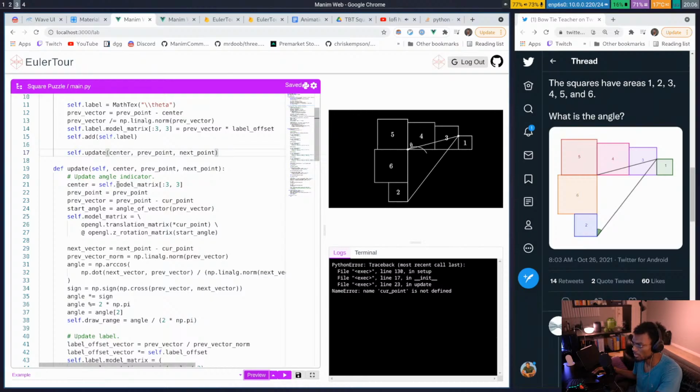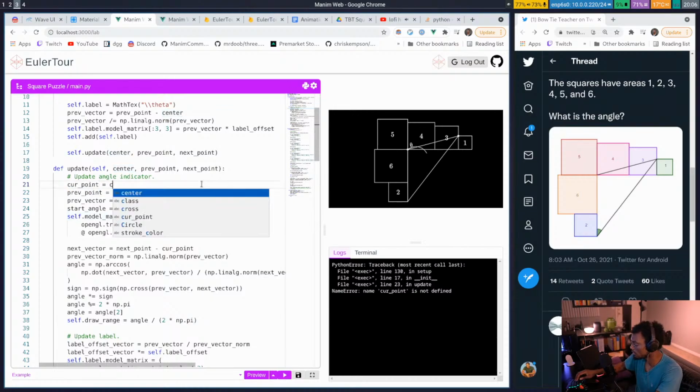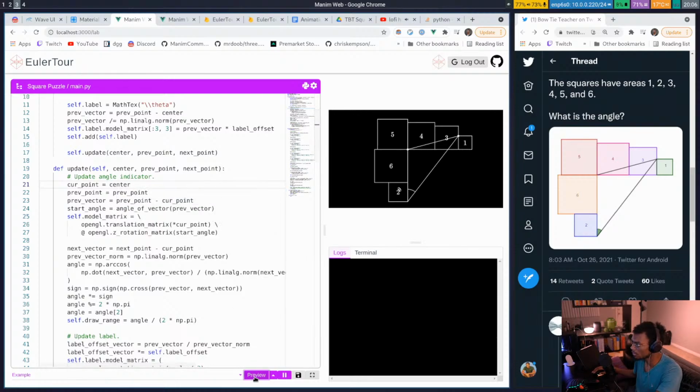Her point is not defined. Oh, I want to do her point equals center here. Okay, then the angle works, but the theta is insane.